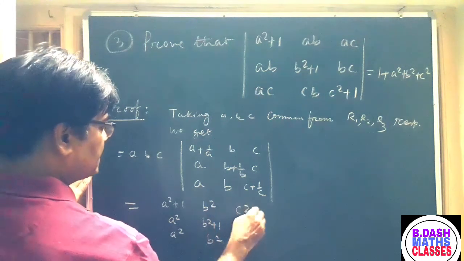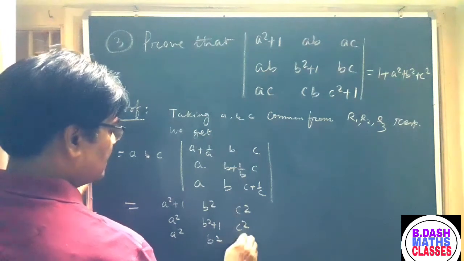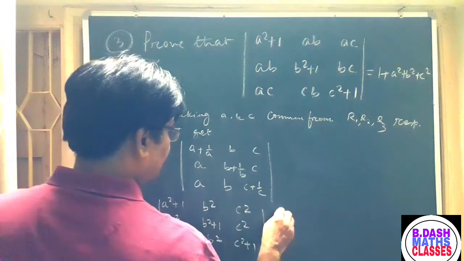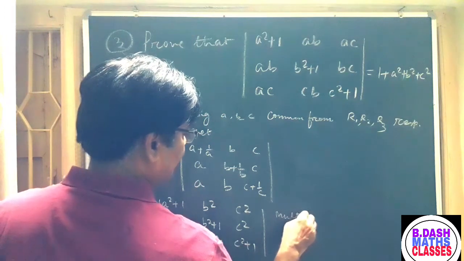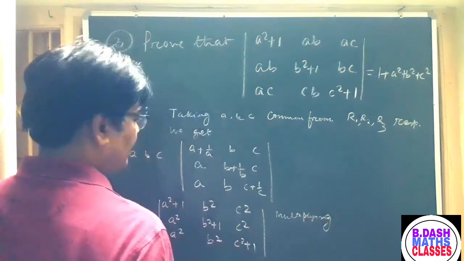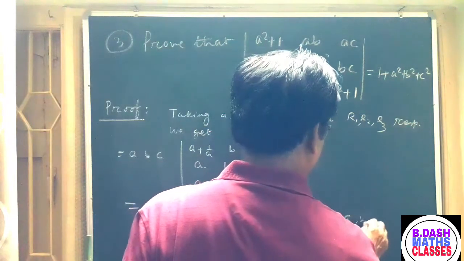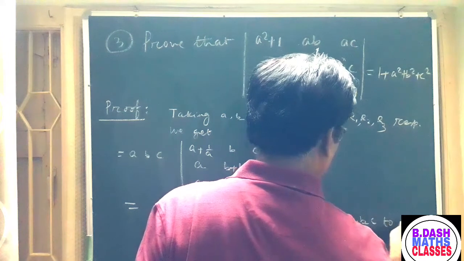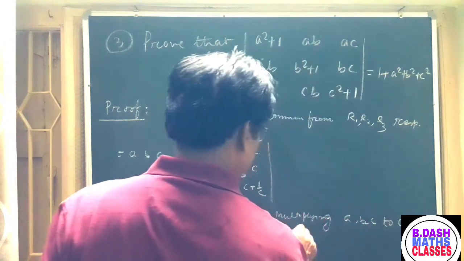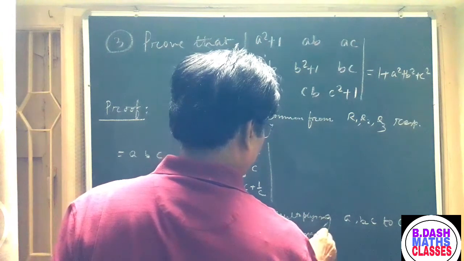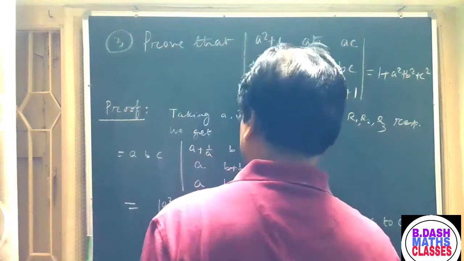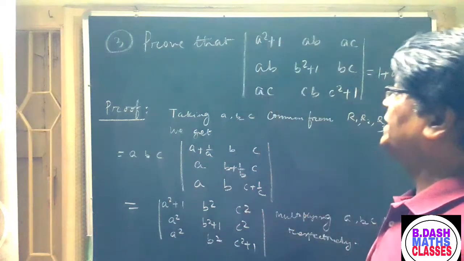This will be c square plus 1. So what we have done here? Multiplying a, b, c to column 1, column 2, column 3 respectively. So we get this determinant.